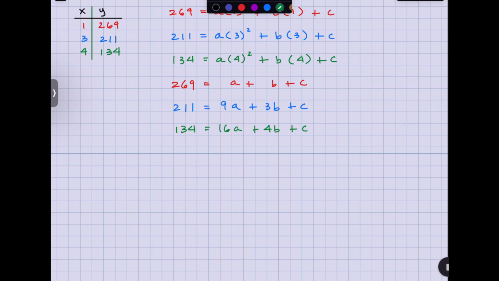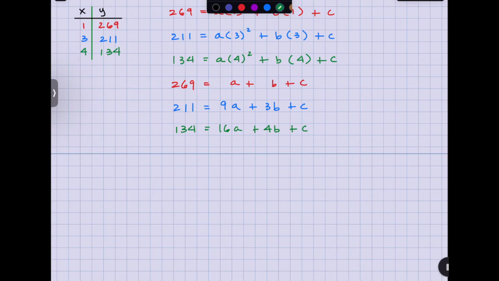So I'm teaching you how to do this the long way right now. In 12.2, 12.3, I'm going to teach you how to do it the other way, which is matrices. Some of you guys understand matrices. Some of you guys have no idea what that word even means, and it's okay. It's a lot to learn.